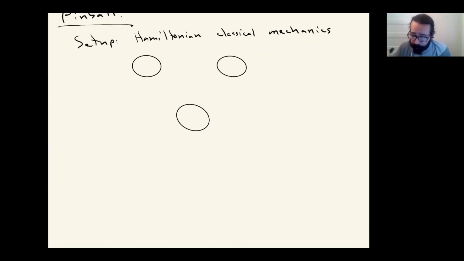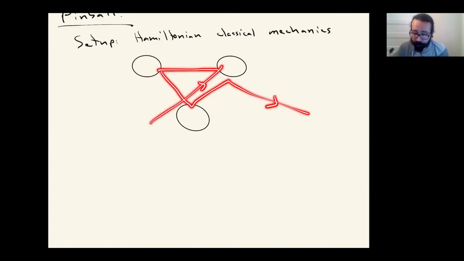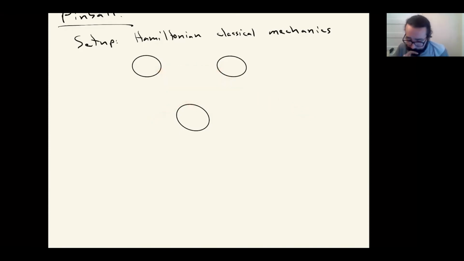And so these are disks, and we're going to do hard scattering off of them. So we send in the pinball along some trajectory, and it'll bounce off, and maybe it'll escape, or maybe you could bounce a bunch of times before you escape. And so, the goal.